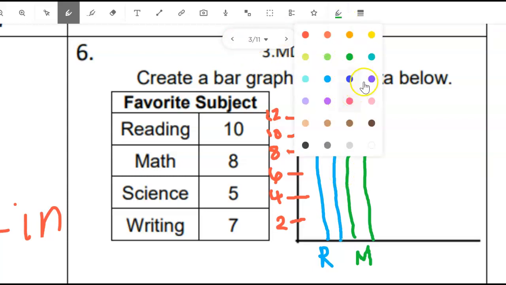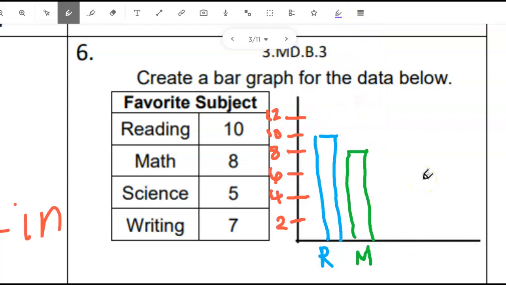Now grab purple for science. Write an S. How many students like science? 5. Between 6 and 4 is 5. So I can drag that over, draw my line to show that 5 students like science.